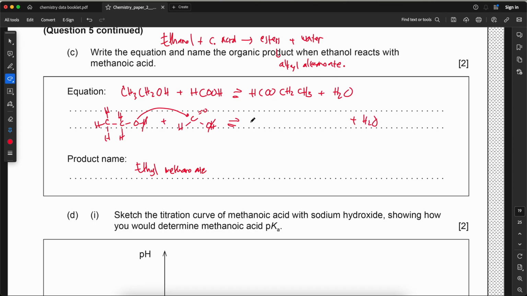So this will be HC double bond O, and then O, and then CH2 and CH3. So HCOOCH2CH3. The name, this one will be ethyl, and this one, because it's one carbon, methanoate. Okay, this one methanoate.